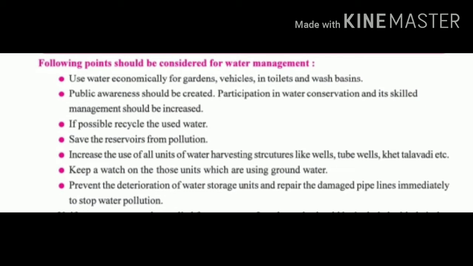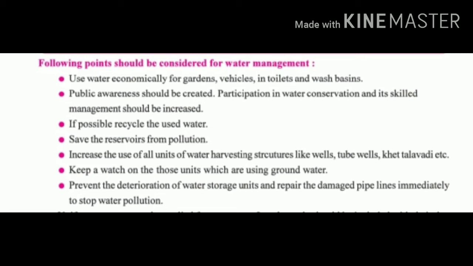Many objectives of rainwater harvesting. First one is to increase the capacity to conserve the groundwater and increase the underground water table. Reduce the water pollution. Next, improve the quality of groundwater. Next, to save the land and roads from water logging. Next, reduce the surface runoff of water.